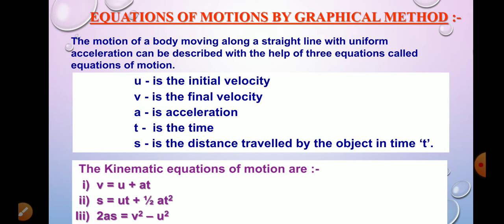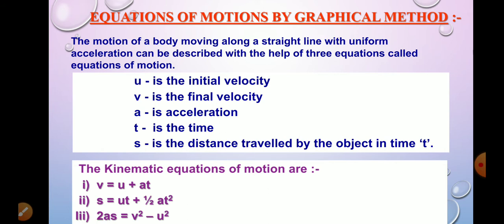The equations are: the first equation, v = u + at, where v is the final velocity, u is the initial velocity, a is the acceleration, and t is the time taken. The second equation, s = ut + ½at², where s is the distance travelled, u is the initial velocity, t is the time taken, and a is the acceleration.